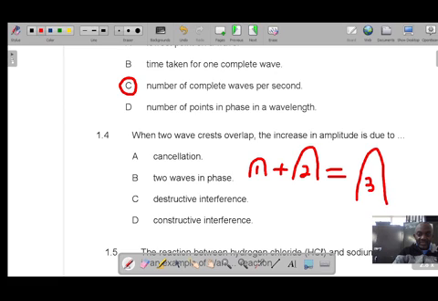As you can see, we have constructed a wave with a higher amplitude than any of the first two. So the answer is called constructive interference. The answer is D. Hope we are together. If so, let us proceed.